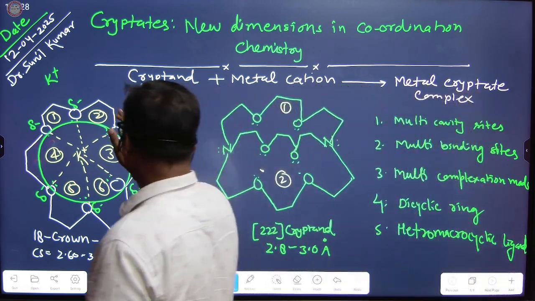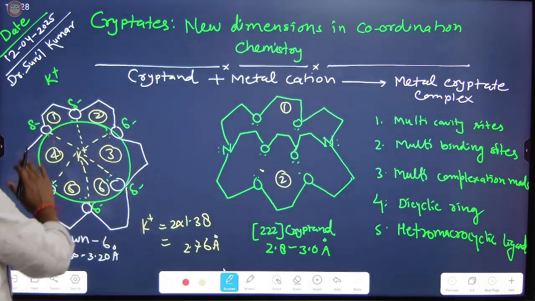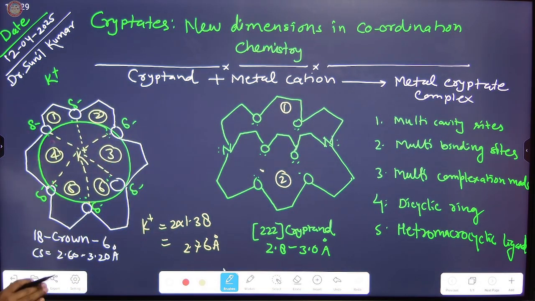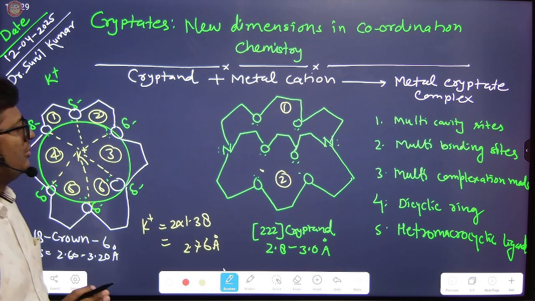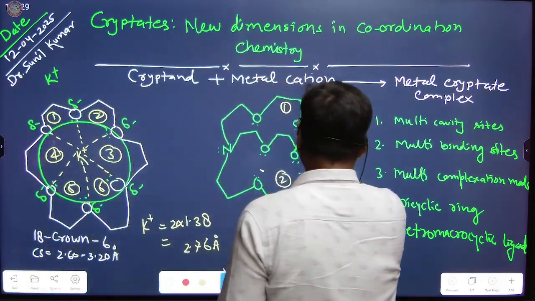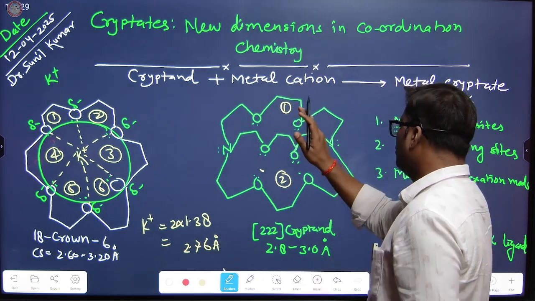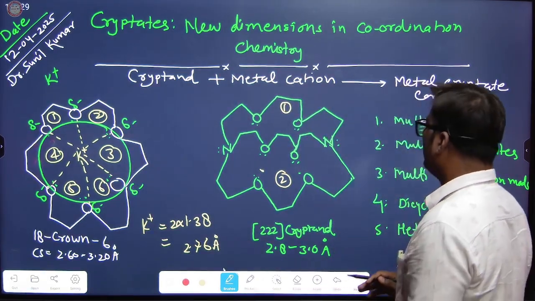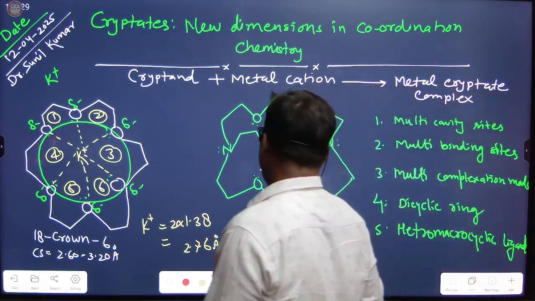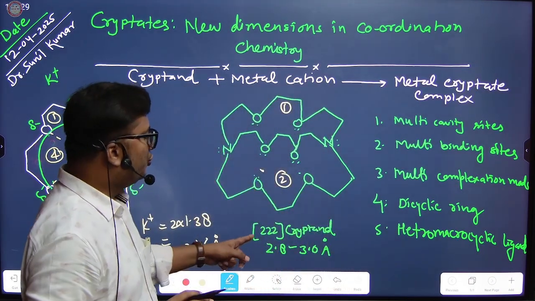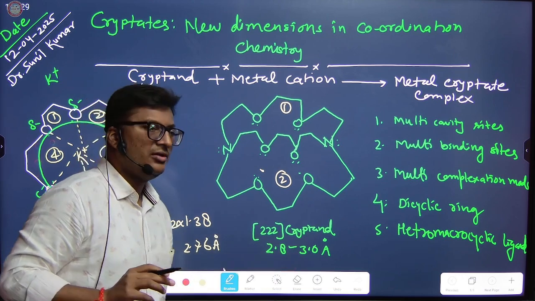Here only one cyclic ring is present in crown ethers, while this structure has two cyclic rings, and the name is derived as 222 cryptand.